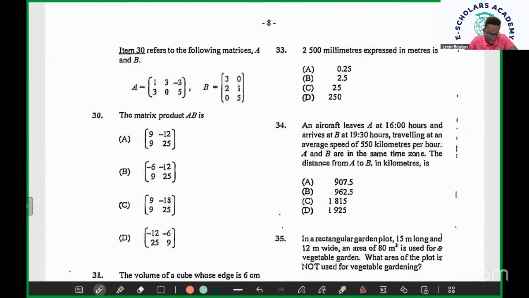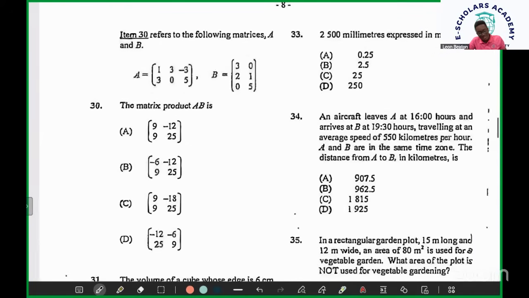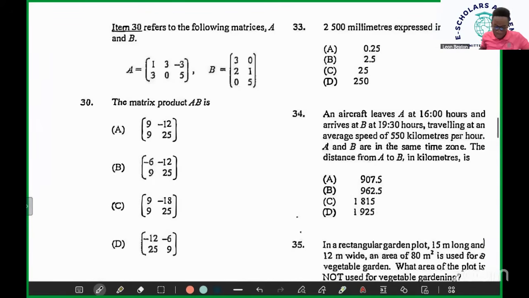Item 34, so the following matrix is AB. The matrix product of AB is, all right, so the rule here. We have to do A times B. We know this is a 2 by 3, and this is a 3 by 2, so our answer will be a 2 by 2. Let's start the multiplication right away.